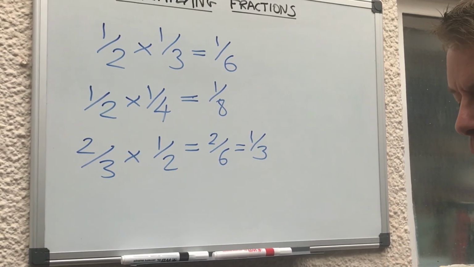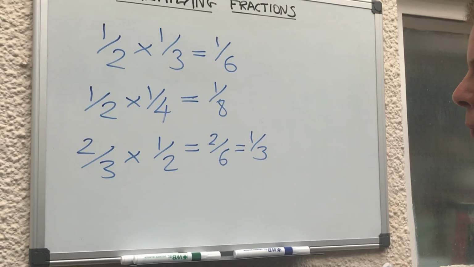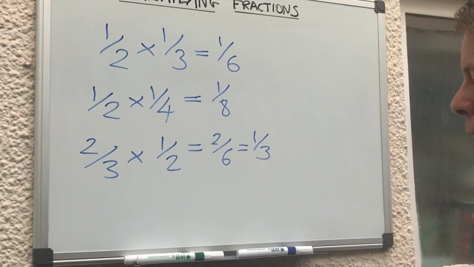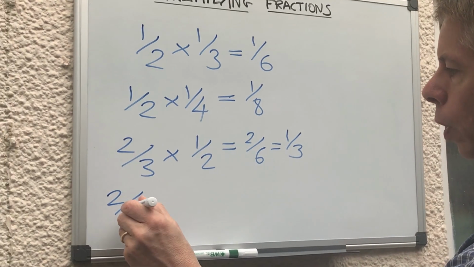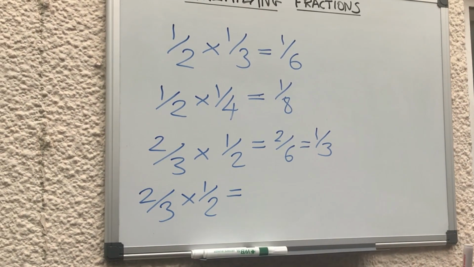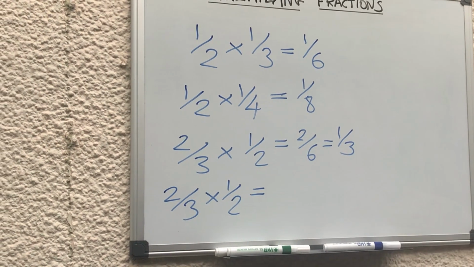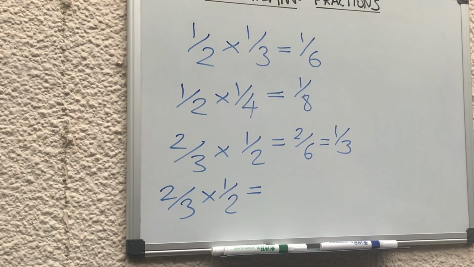There is a slightly different way of doing that question. We choose the red pen. So, actually, let's write it out again. So 2/3 times 1/2. Instead of simplifying at the end, if you're clever, you can simplify as you go along.